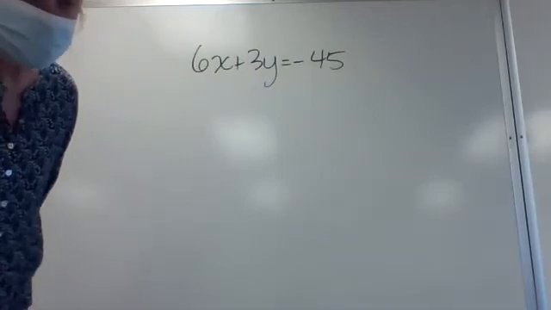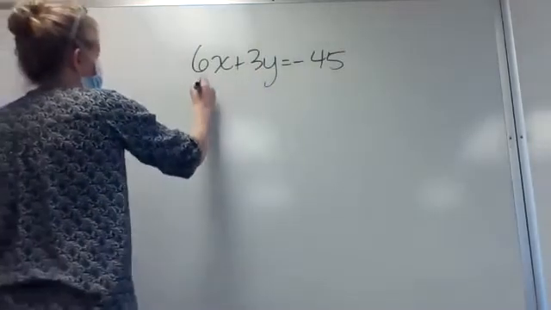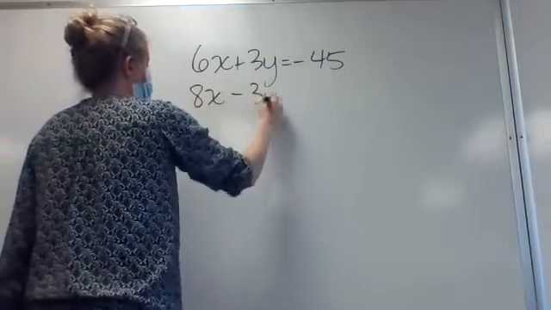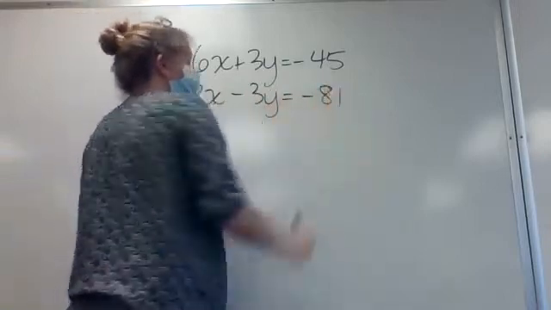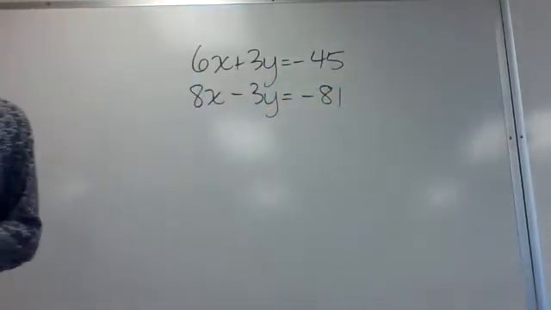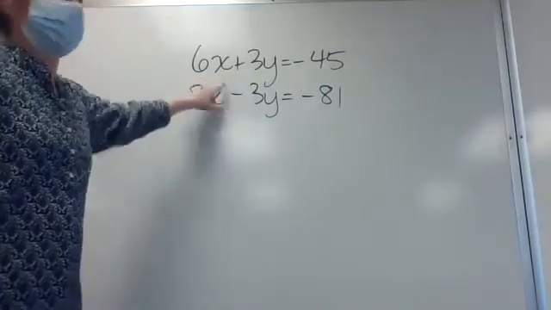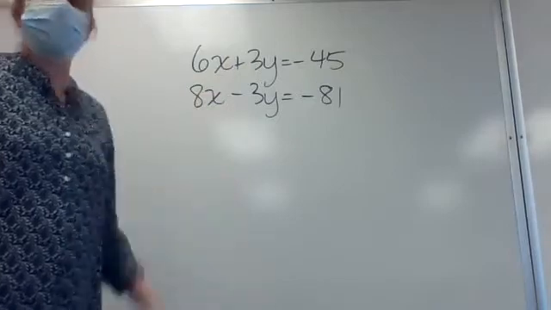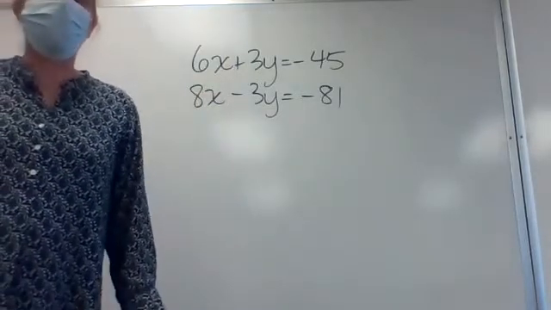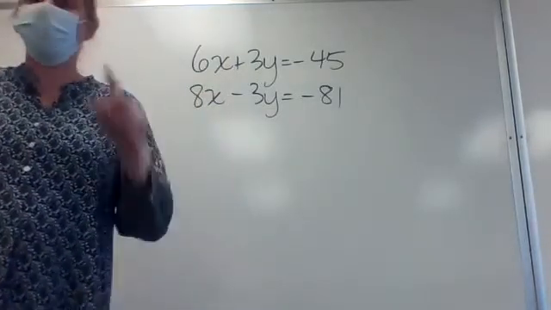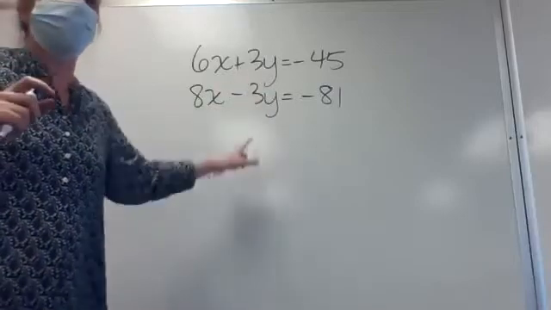And 8x minus 3y equals negative 81. So there is an x and a y that makes both of these situations true. If you replace the x and the y with certain numbers, it works in both.